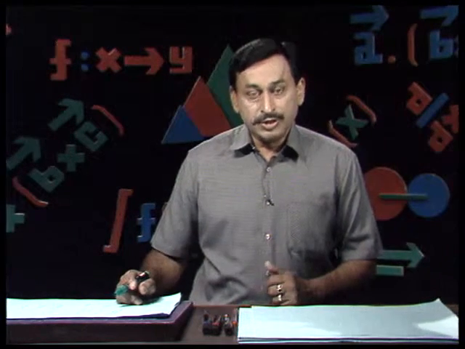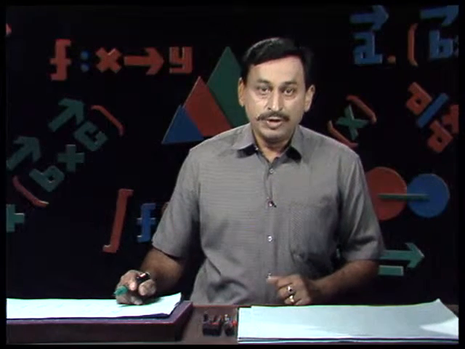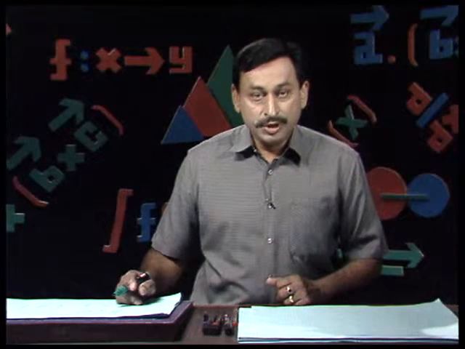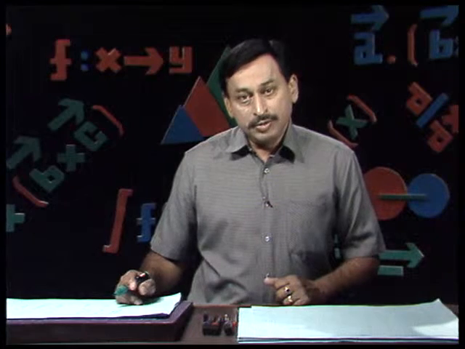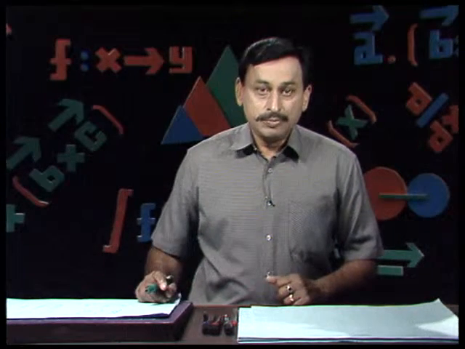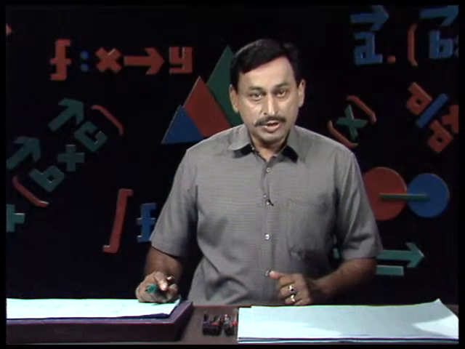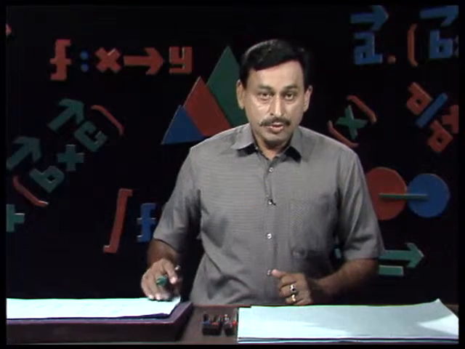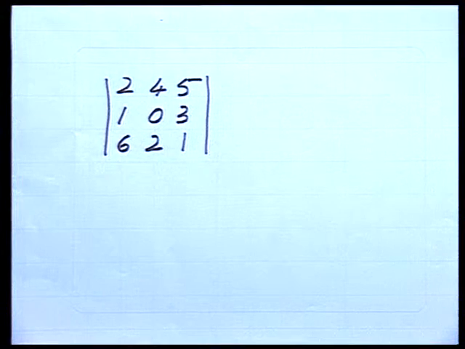Now, last time we posed the question: we expanded the given determinant using the first row, but the value can be determined by using any row or any column. So, let us go back to the determinant that we expanded last time. That determinant was 2 4 5, 1 0 3, 6 2 1.